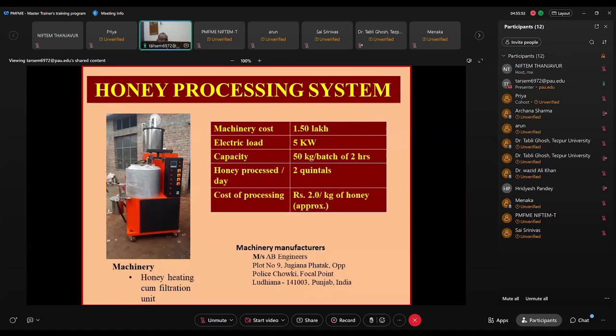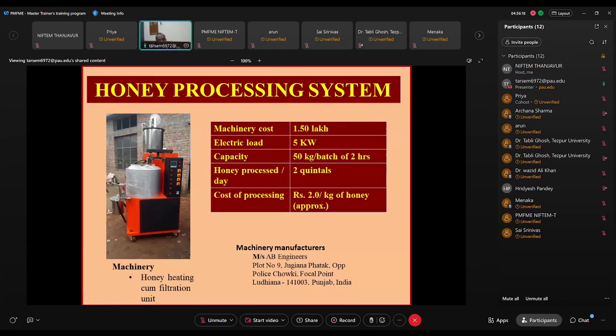And this technology has been recommended by the Punjab Agriculture University for honey processing system, and one company is manufacturing this machine in Ludhiana, and maybe some other companies in other places also, and this is quite a popular machine.